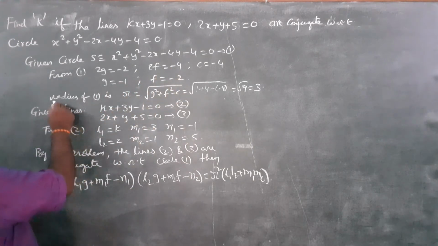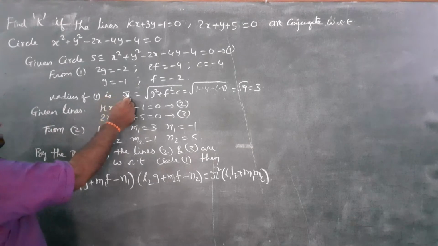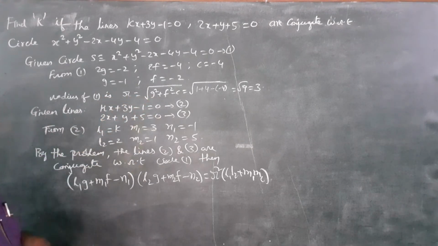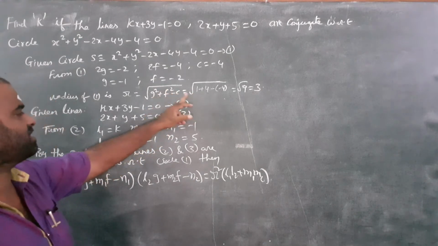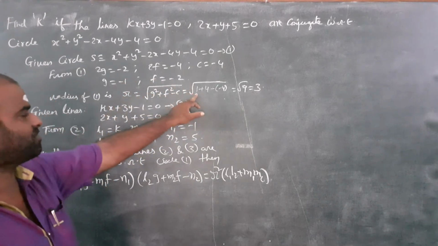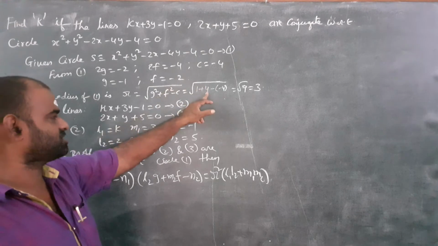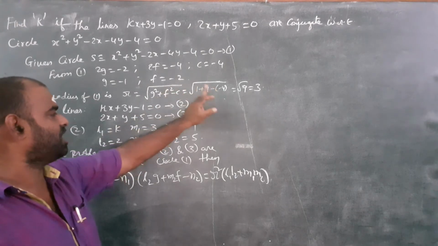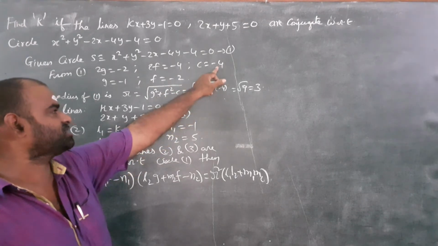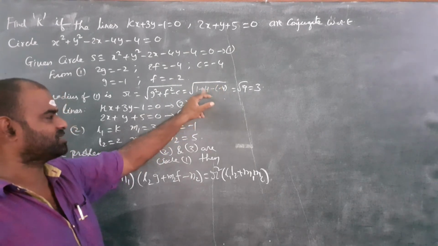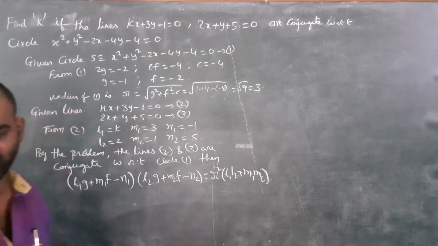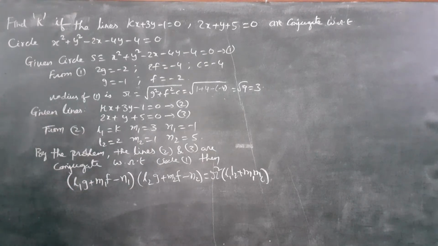Now first we are going to find the radius, r equal to root of g square plus f square minus c, is equal to root of 1 (because minus 1 whole square is 1) plus 4 (f square, minus 2 whole square) minus of c, that is minus of minus 4, plus 4. That means 1 plus 4 plus 4 is 9, root 9 means 3, r value is 3.